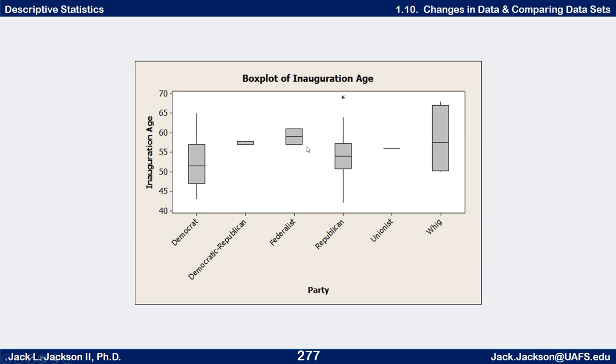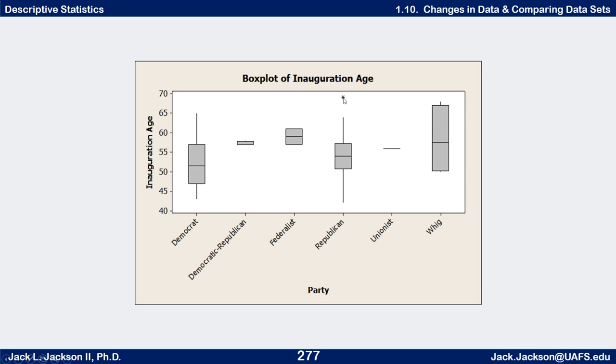But those four are kind of small data sets, particularly Federalist, Unionist, and Whig. So those really probably shouldn't even be done with a box plot. But we could certainly compare Democrats and Republicans here, for example, and see what we have.